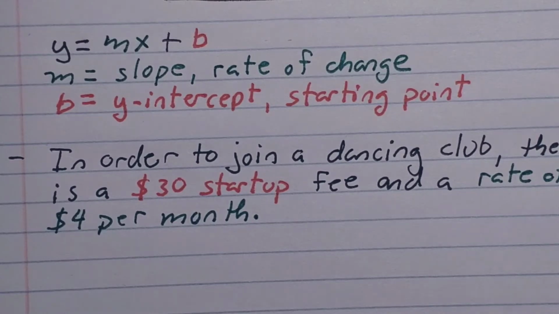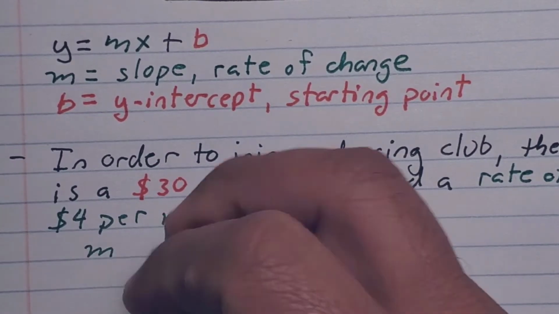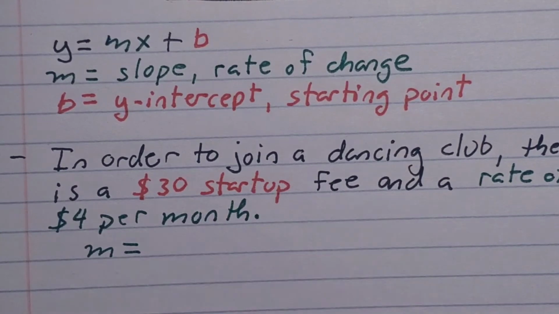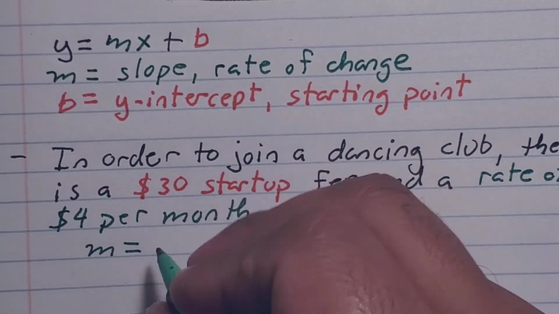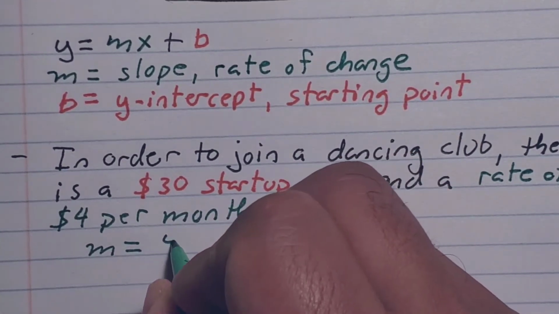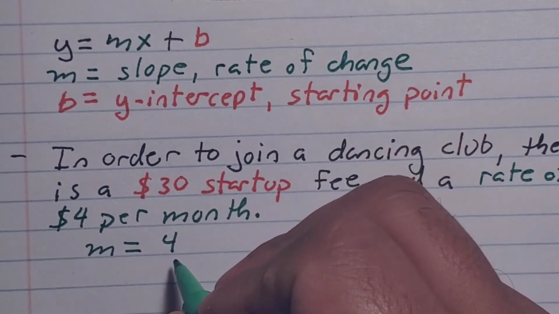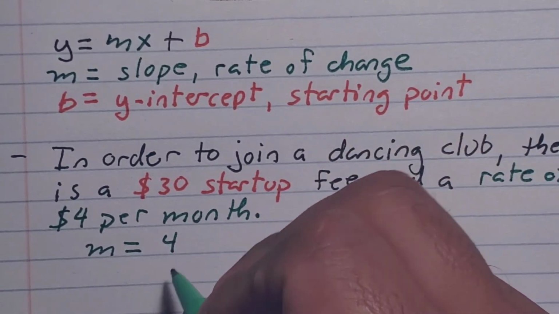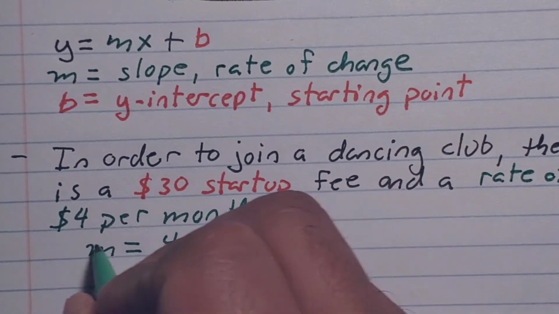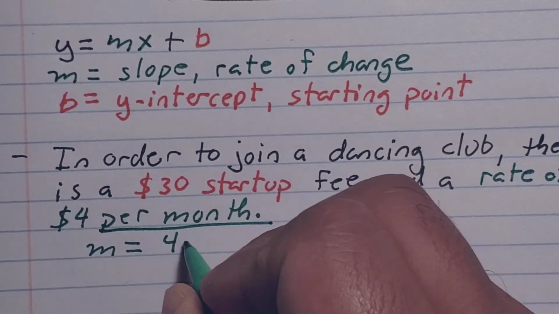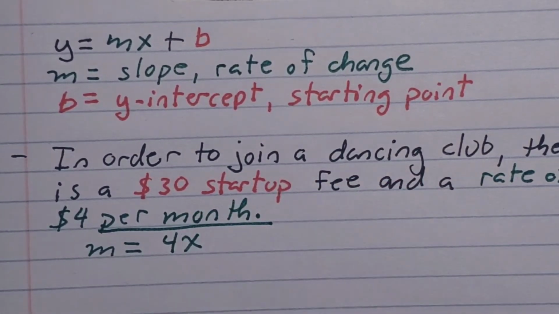My slope is going to be $4, and my x in this case is going to be months, so it's going to be 4x.